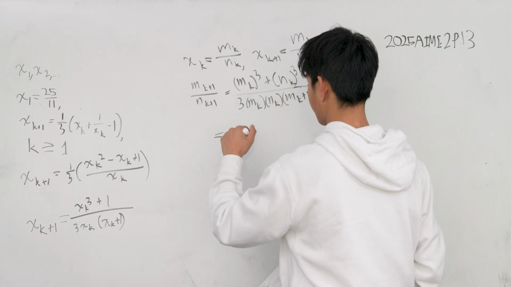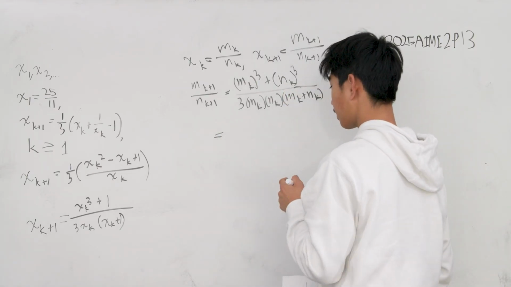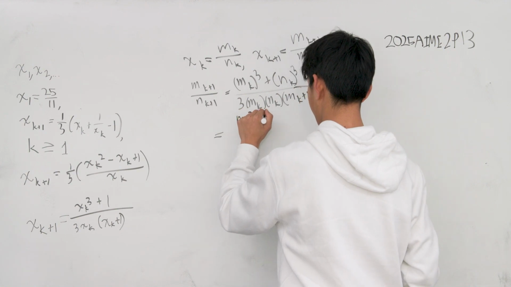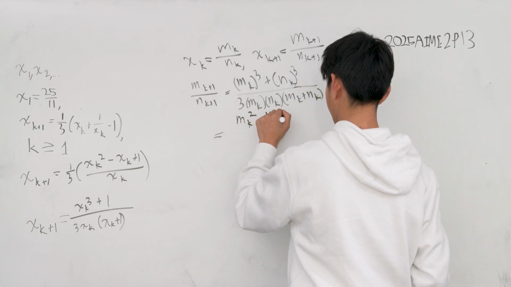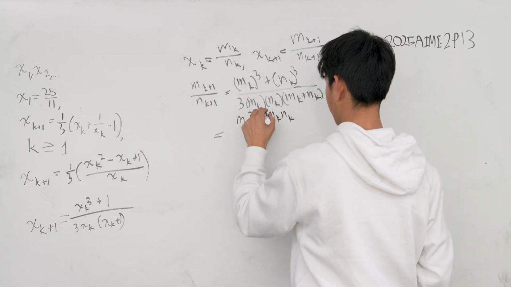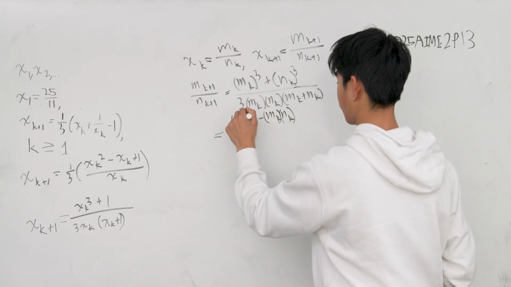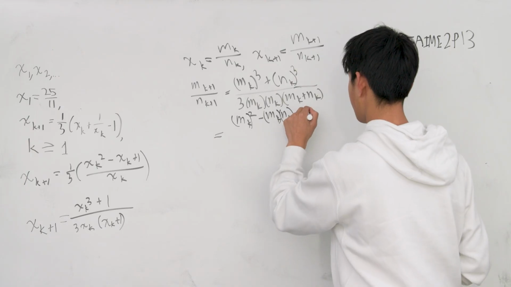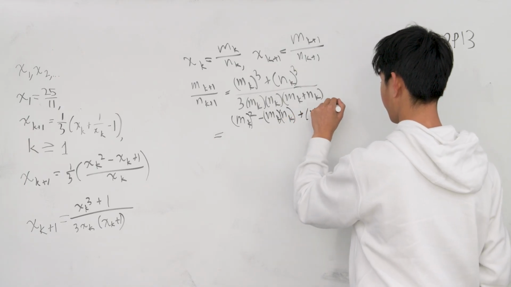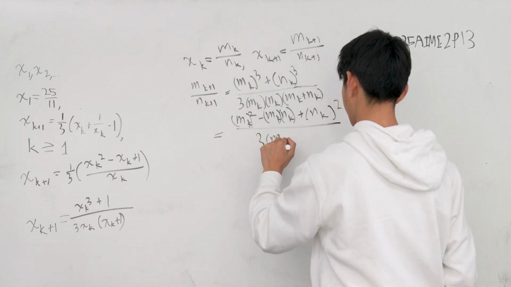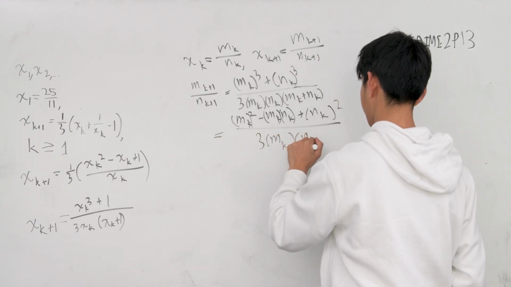Now what we can do in this case is factor out a term. This becomes m sub k squared minus m sub k n sub k, I should put parentheses, plus n sub k squared, over 3 n sub k times n sub k.